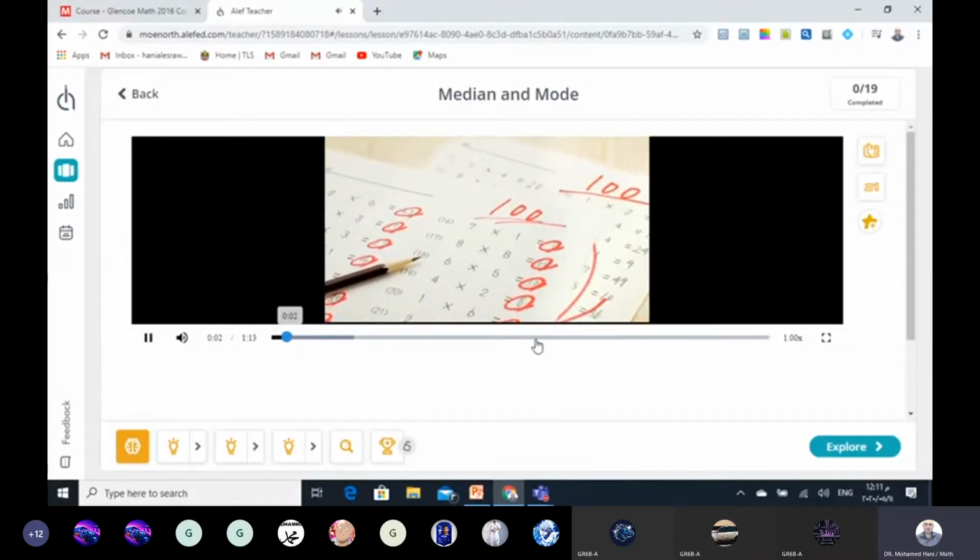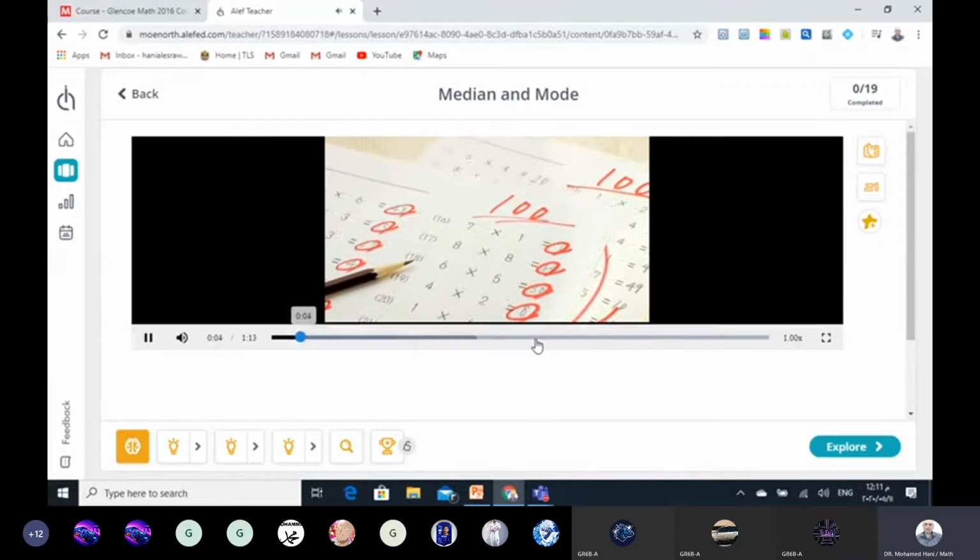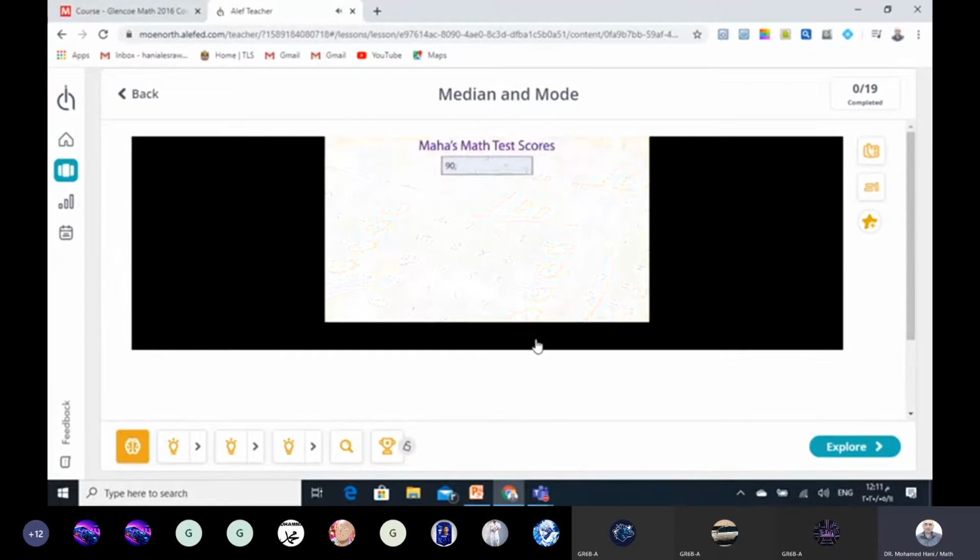Suppose Maha received the following scores on her last 5 math tests: 90, 95, 100, 98, and 90. Measures of center are numbers that are used to describe the center of a data set. You already learned how to find the mean of a data set.